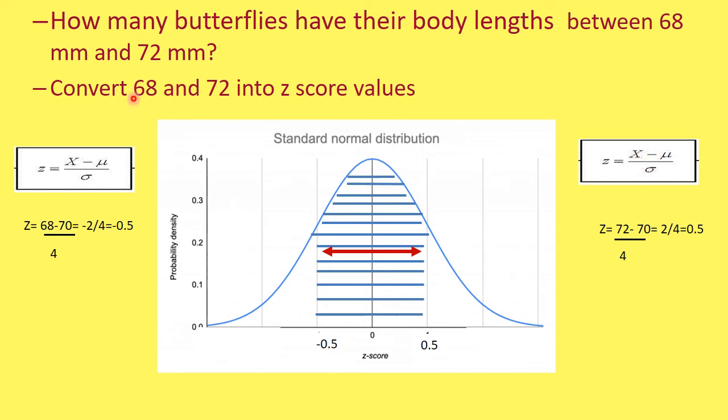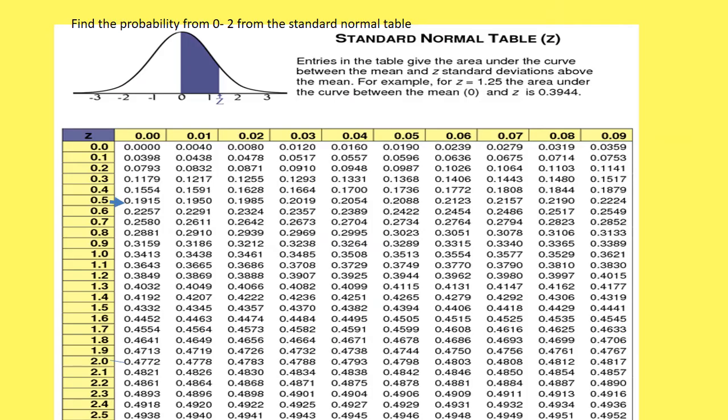You need to substitute these values into the equation, and we got the answers as earlier. Then what is the probability from 0 to 0.5? From 0 to 0.5, the same values may come for both sides.